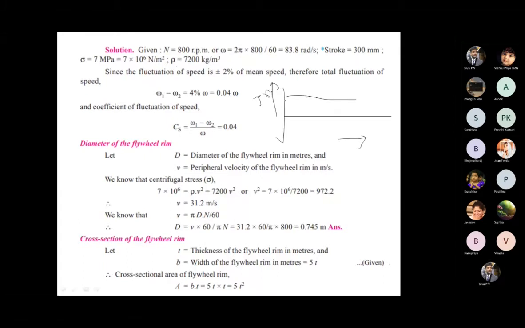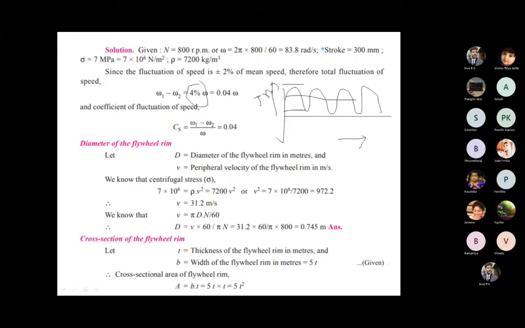The maximum positive is up to 2% and the negative side is up to 2%, so the fluctuation of speed is within plus or minus 2%. Above the mean torque is 2% maximum and below the mean torque it is minus 2%, so from top to bottom it is totally 4%.